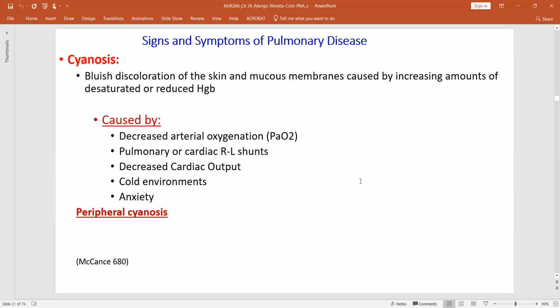So it's all about the desaturation of the hemoglobin, more than just the concentration of the hemoglobin. It is usually caused by any of these factors: decreased PaO2, pulmonary or cardiac right-to-left shunts, decreased cardiac output, cold environment, anxiety.